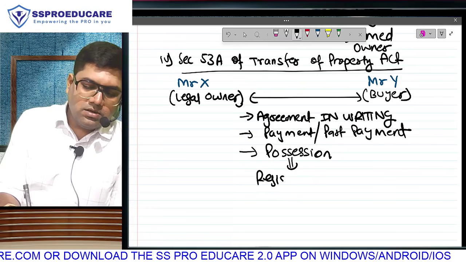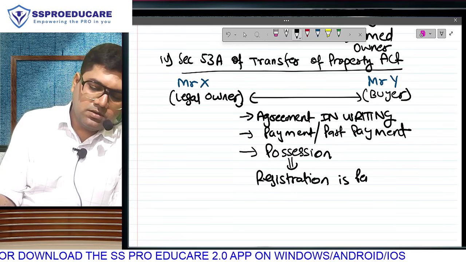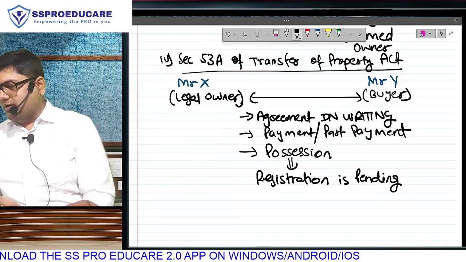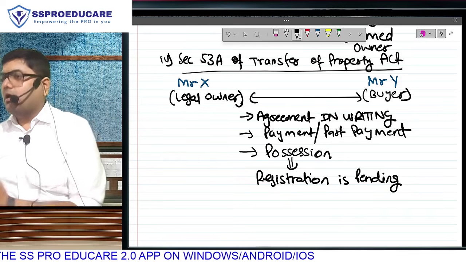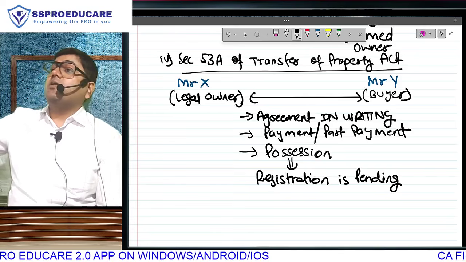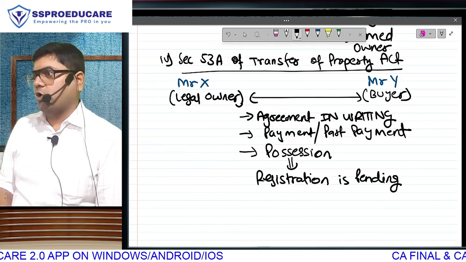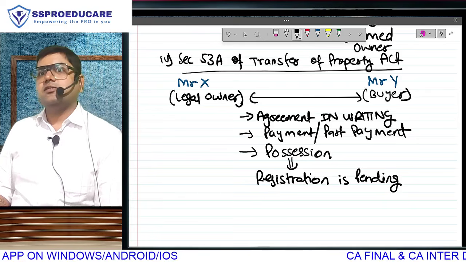The registration of the property is still pending. See, suppose you and I decide to do a property deal. You are the buyer, I am the seller. You pay me money, I give you the keys. We do the agreement. But this agreement we have to take to the local registrar office and get the property registered in your name, the buyer's. Then only it will be considered that the deal is closed. That is still not done.